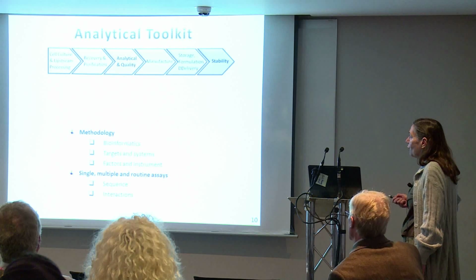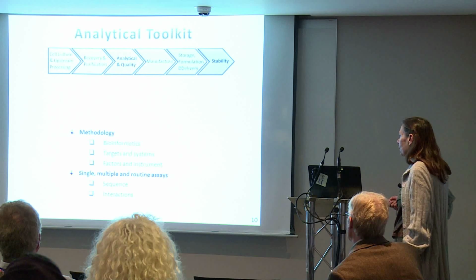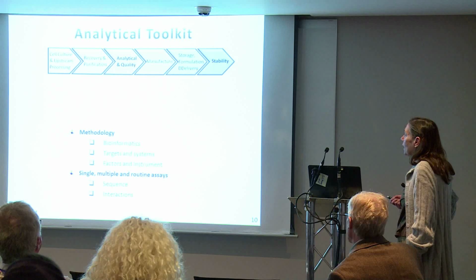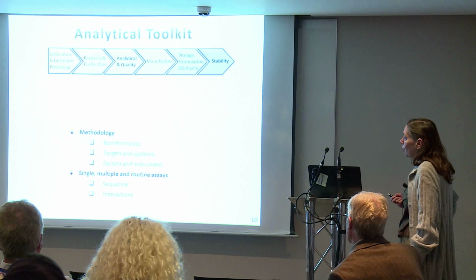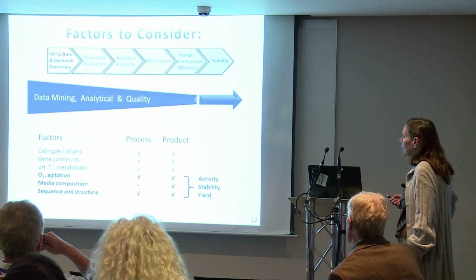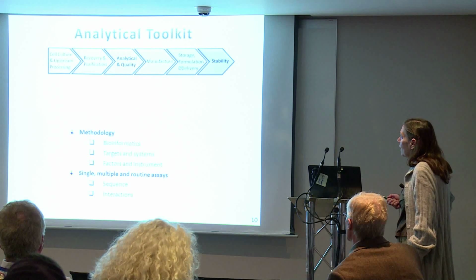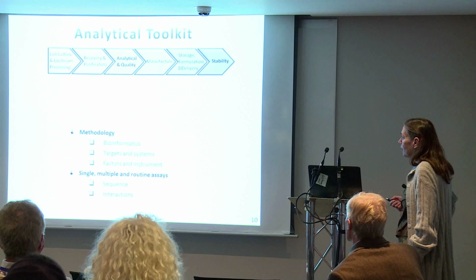So, going to the analytical methodology and toolkits: how should we study proteins for research, diagnostics, and drug discovery differently than the sequential way that was applied for many years?